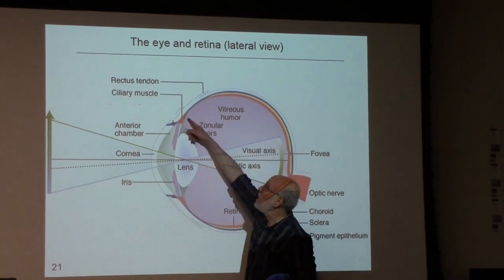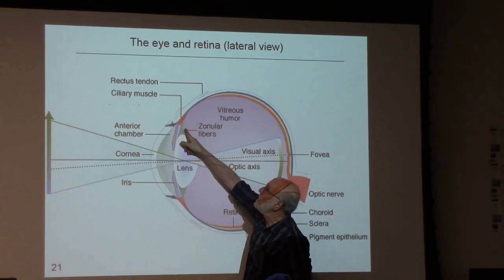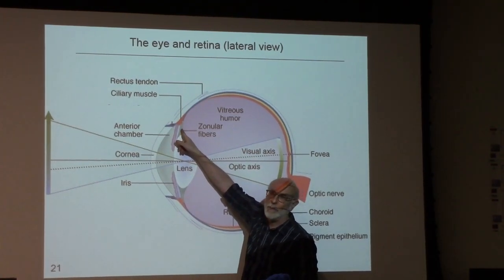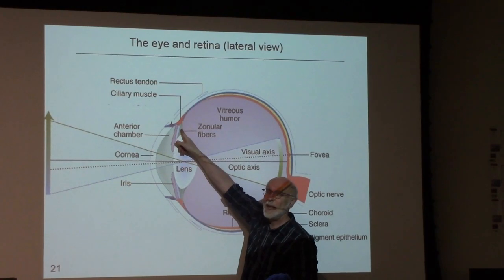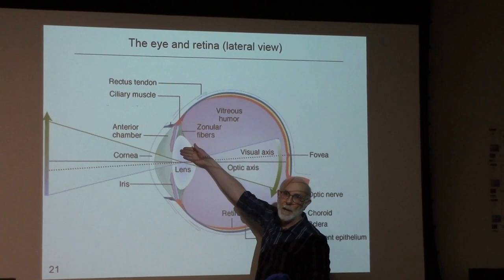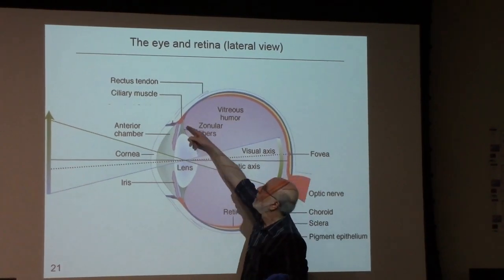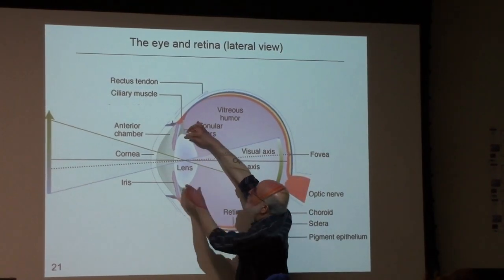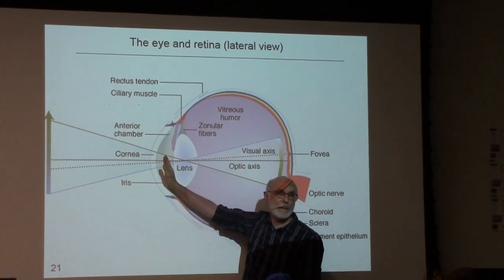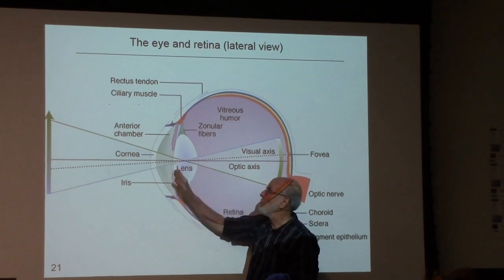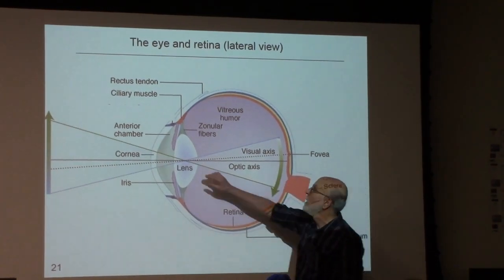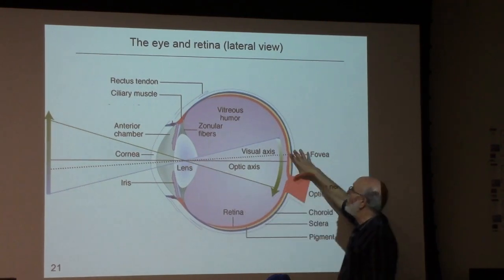The ciliary muscle is connected to these tiny tendons. They're not really tendons, well, I guess it's tendons. It's connecting muscle to something that's not muscle. Not bone, but it's not muscle. And that puts tension and holds the lens in place behind the iris at the pupil. We'll talk about the focusing of the lens in a moment. The lens focuses the image onto the retina.